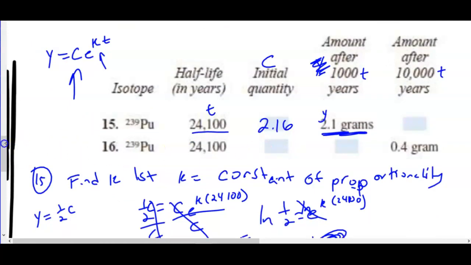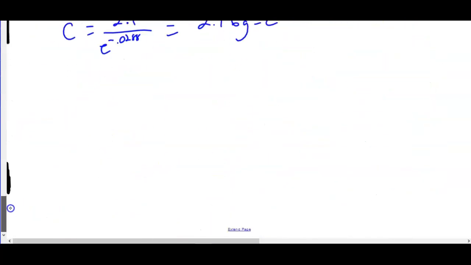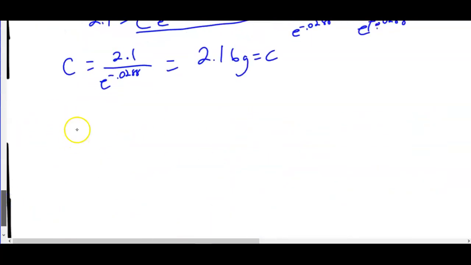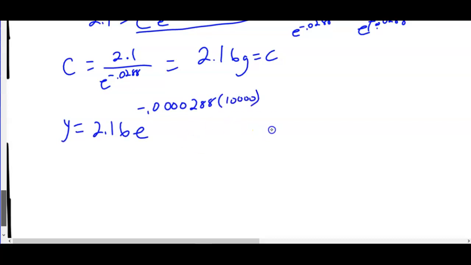And then we just got to find the amount after 10,000 years. So we go back to our equation. Y equals 2.16, because that's our initial, e to the negative 0.0, our constant k, 288 times 10,000, which is 4 zeros, 1, 2, 3, 4.